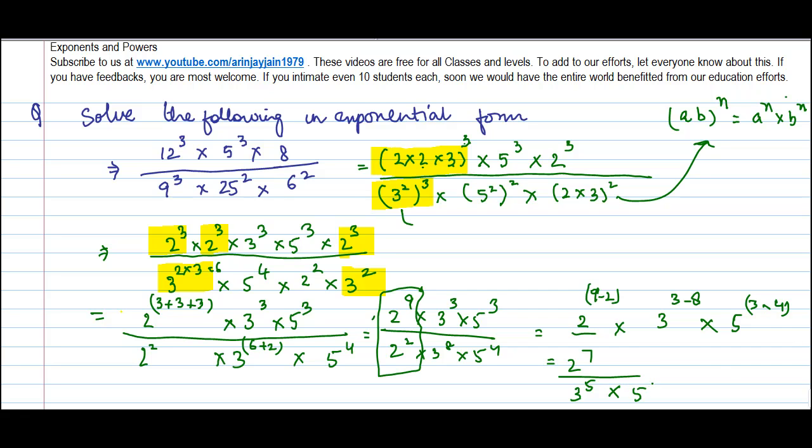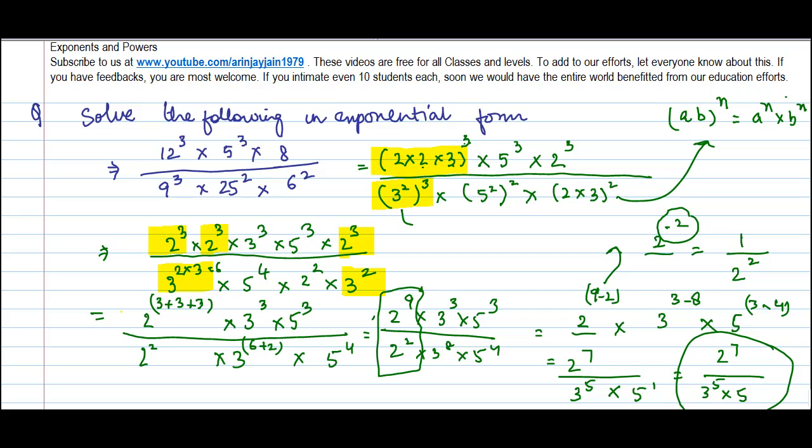So this again goes 5 to the power minus 1. So the solution is 2 to the power 7, 3 to the power minus 5, into 5 to the power minus 1. We know that if you have 2 to the power minus 2, this is basically equal to 1 upon 2 to the power 2. So you change this to division and this minus sign will change to positive.